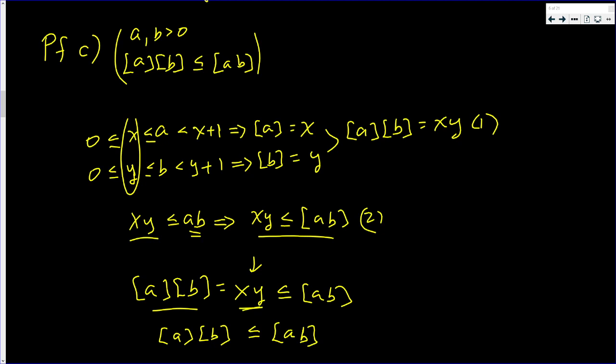I mean, XY is less than or equal to the greatest integer of AB, and this is just another way of saying XY. That's why they're equivalent. Okay, so that's the answer to part C.